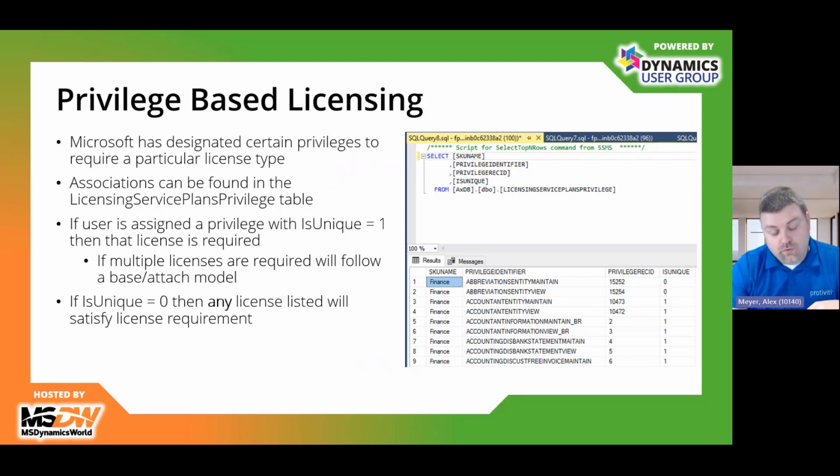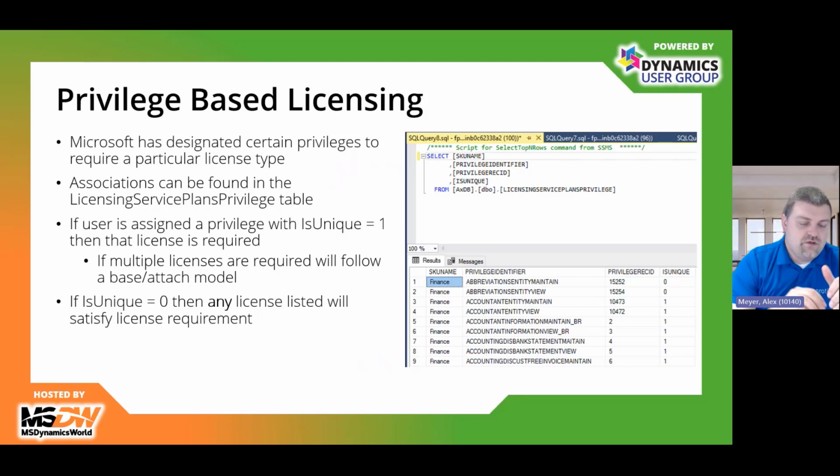Just to add one more wrinkle into this entire process, you'll notice that there is a unique column on the very right. That unique column is telling the system whether a user assigned to that privilege is required to have that license, or if that license is one of the licenses that could be assigned to the user. If we look at the account entity view privilege, for example, that is required to have a finance license.